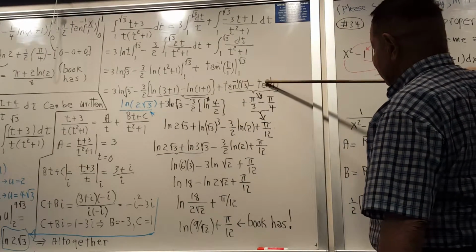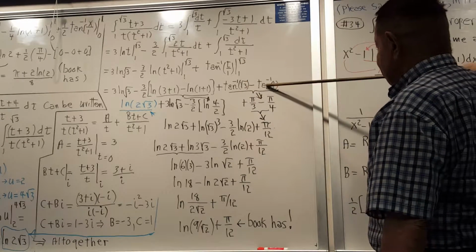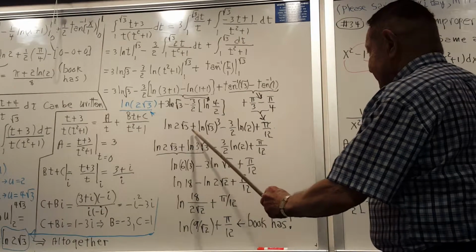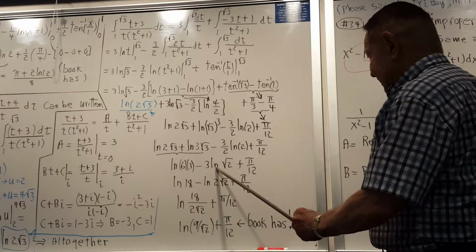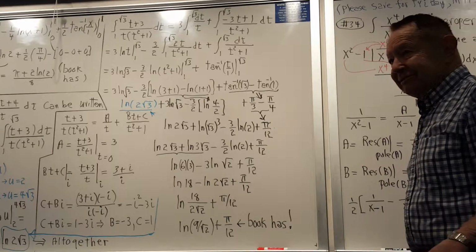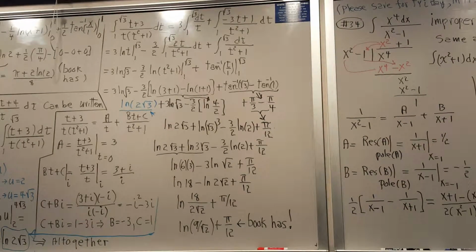And then the arctangents give you pi over 3 minus pi over 4, which is pi over 12. And so if you mess with the logarithms enough, you can get these steps and finally get to what the book has. This is all kind of messy, but it'll go.